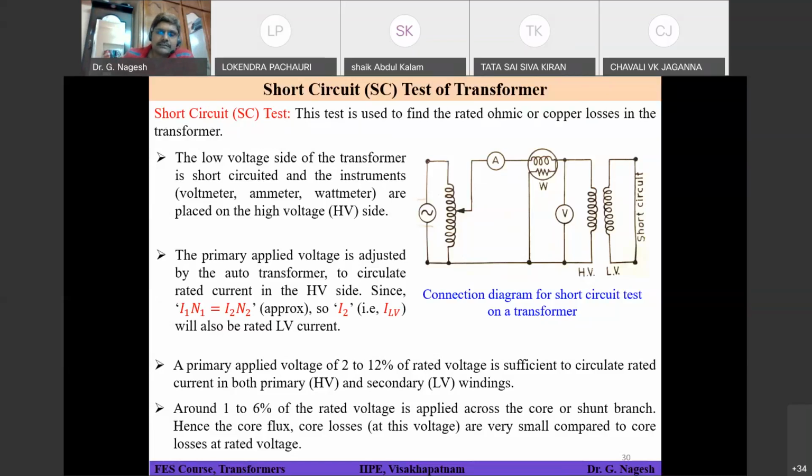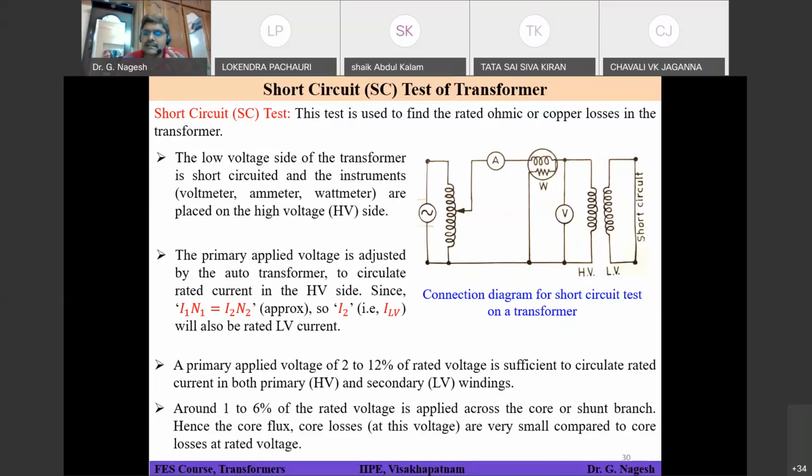First of all, we'll see what rated means. Let's say I have a 20 kVA transformer. The transformer rating we have told already in terms of kVA, and next they will give V1 by V2 or E1 by E2. So let's say I give you a 20 kVA transformer and 100 by 1000 volts.